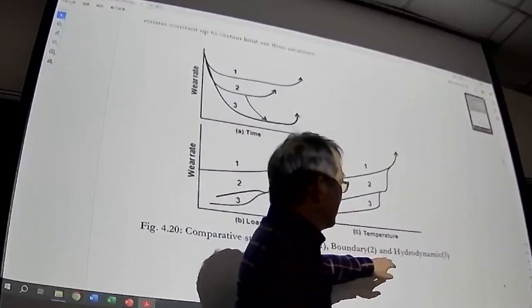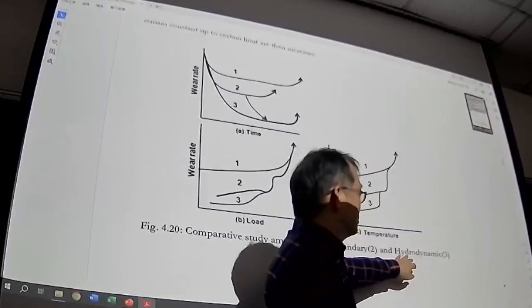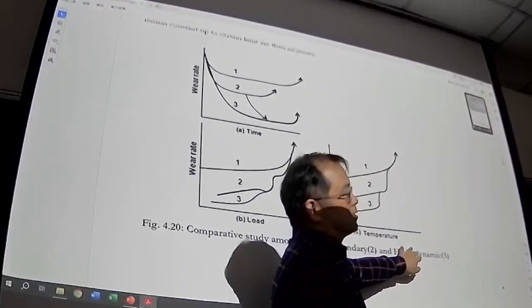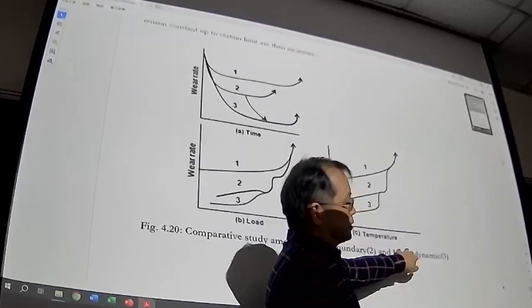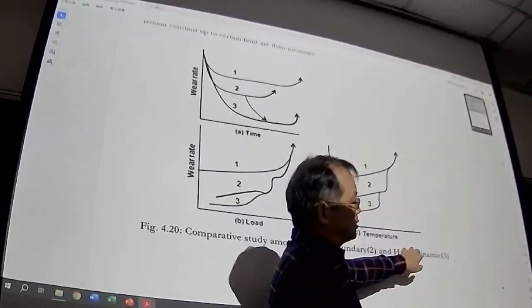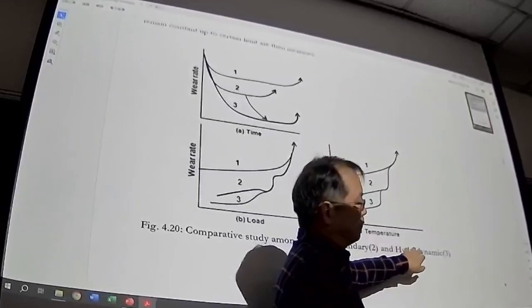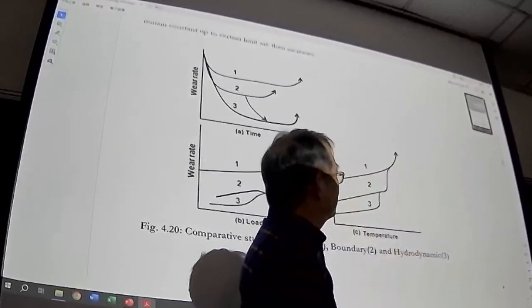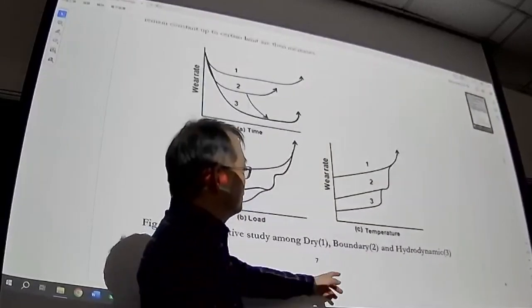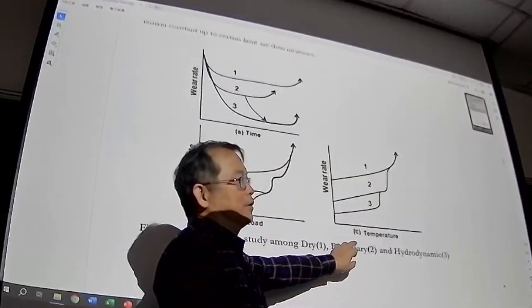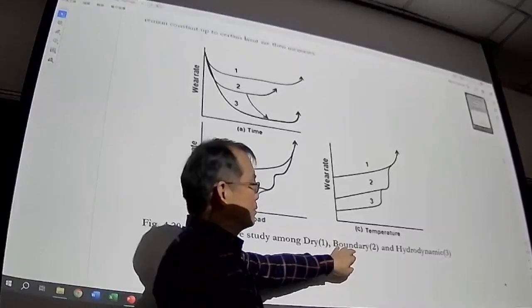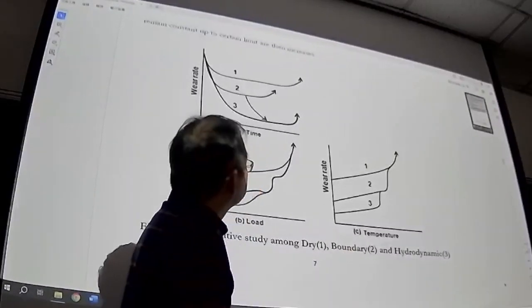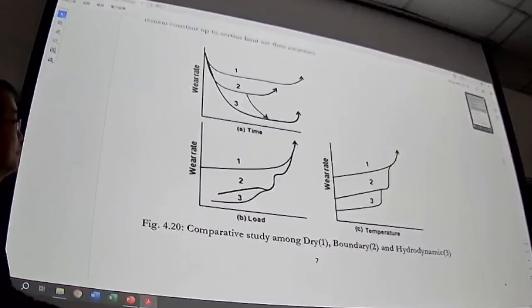Then we have hydrodynamic lubrication. This is thick film lubrication, which means the two surfaces will not have any physical contact. For boundary lubrication, most of the asperities are in contact. So you have these three figures.